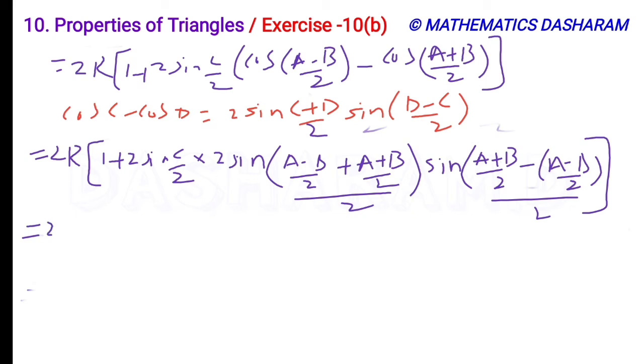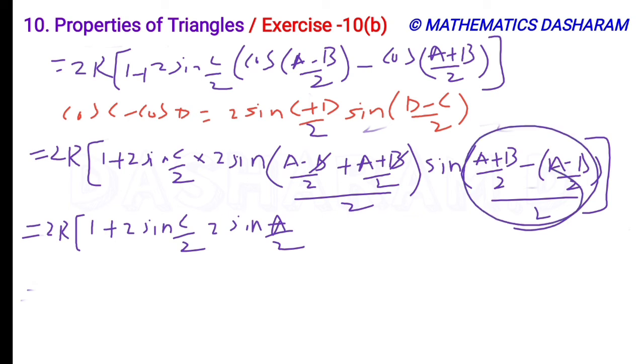So it is equal to 2R bracket of 1 plus 2 sin C by 2 into 2 into, so here minus B plus B cancel, A plus A is 2A, 2A by 2 is A. So then overall here you will get sin A by 2 and its simplification is sin B by 2.